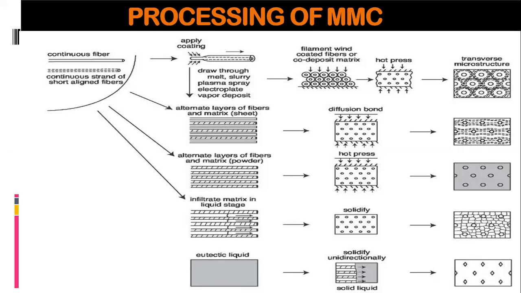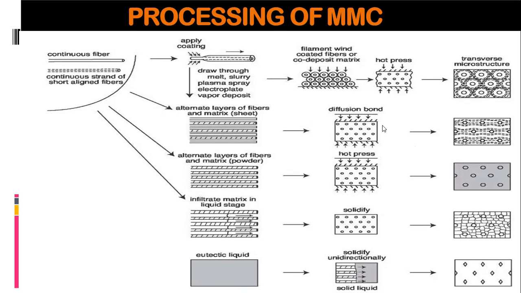Then we have seen about the processing of metal matrix composite. In the processing of metal matrix composite, we have the continuous fibers. So this is applied by the coating, and then it is drawn through the melt and slurry of the plasma spray. So these are all the different types of processing methods of the metal matrix composites. First one is the hot pressing method.